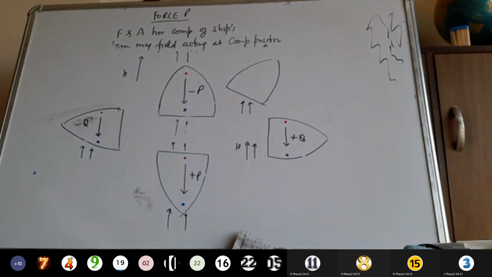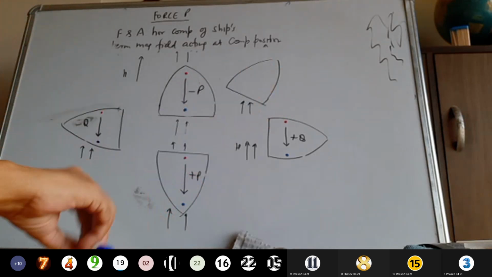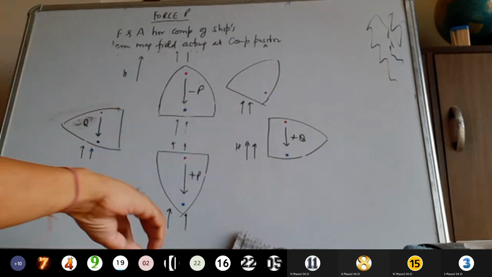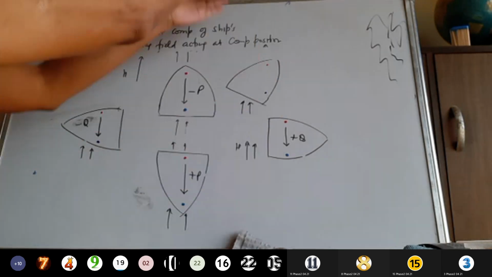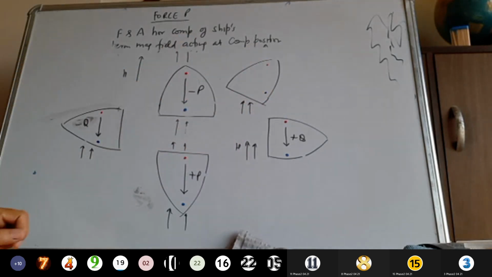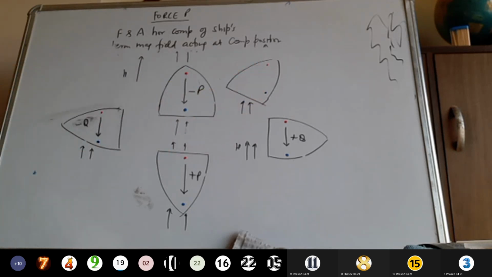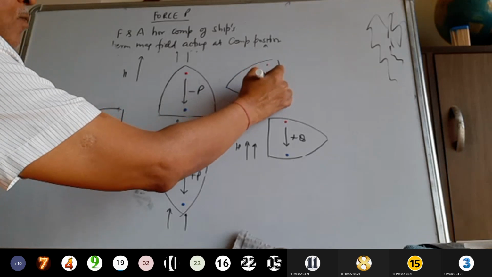So now we can see that there will be a blue pole on the starboard quarter of the vessel, and we'll have a red pole towards the port forward. Because H is going in this direction, induction here will be blue, induction here will be red. After the ship has come into active service and these blue and red poles have been created as permanent poles, now the force within the ship is acting from this red to this blue.